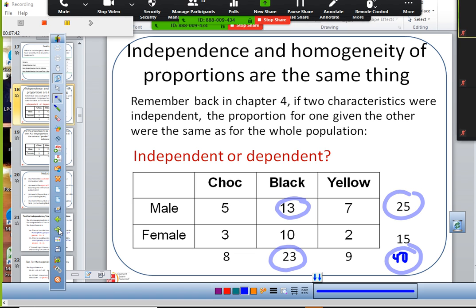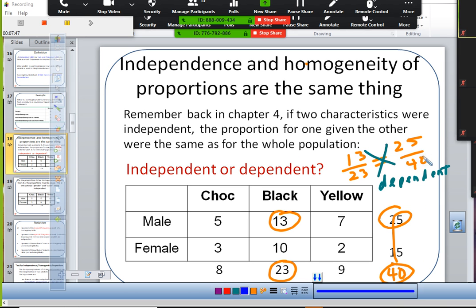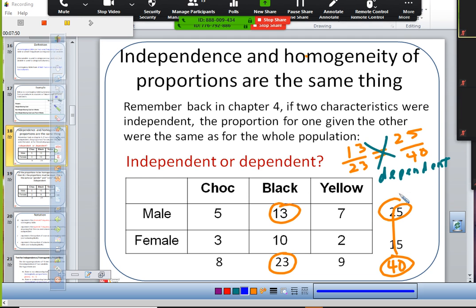And then we compare those proportions. So we do 13 over 23 and see if it's equal to 25 over 40. And it isn't, which means that they're dependent. It matters whether you're male or female to tell you the probability that you're a black lab. So that's what we did before.